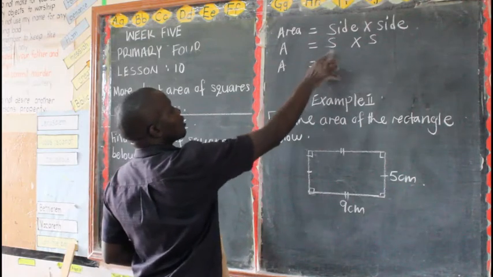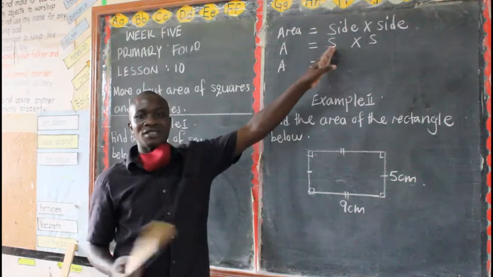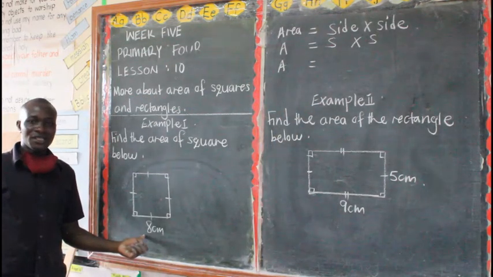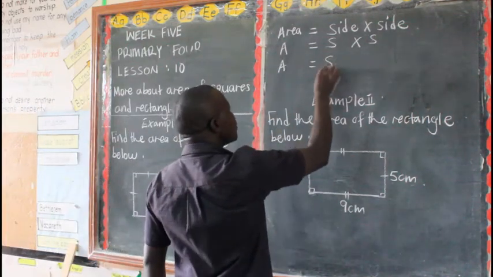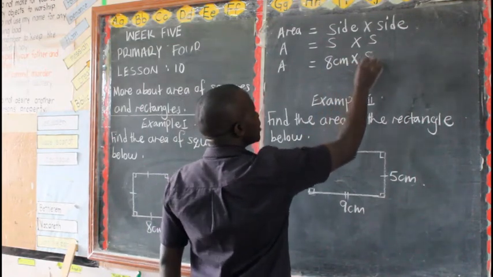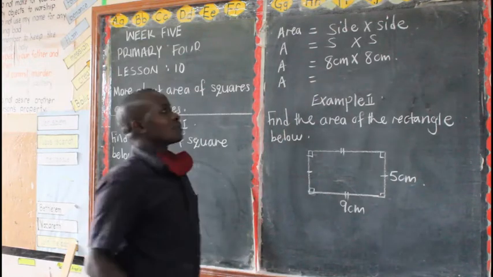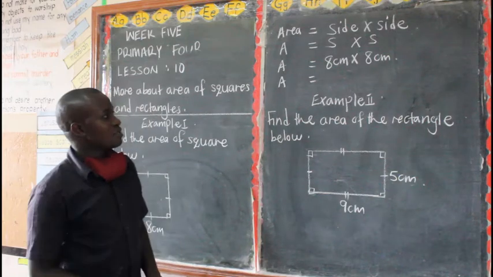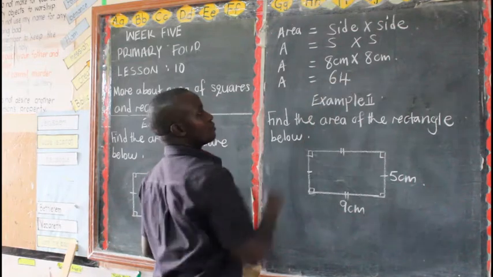Then after that, you remove the S, which represents side. Here, the side of the square is 8 centimeters. So you come here and you replace S with 8 centimeters times also 8 centimeters. Now, 8 times 8, you get 64.